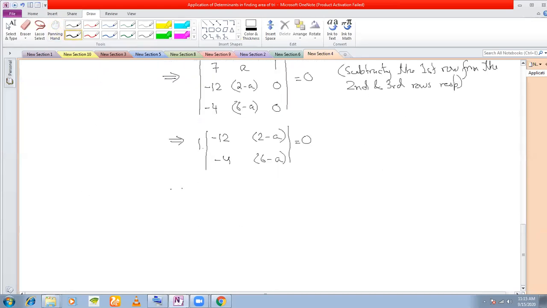Okay, so now you expand this, minus 12 times 6 minus A, minus of minus 4 times 2 minus A, equal to 0. So this you get minus 12 into 6 is minus 72, plus 12A, plus 8A, and this is minus 4A.